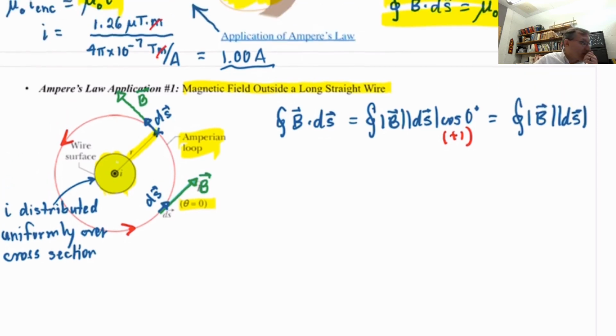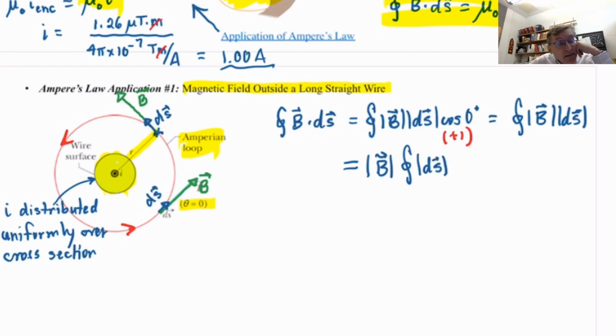Okay? All right. Now, the next step is very important. If we cannot do this next step legitimately, Ampere's law is not helpful. I need to be able to bring B magnitude out front of the integral, so that I'm just left with the integral around the closed loop of all the little step sizes ds.